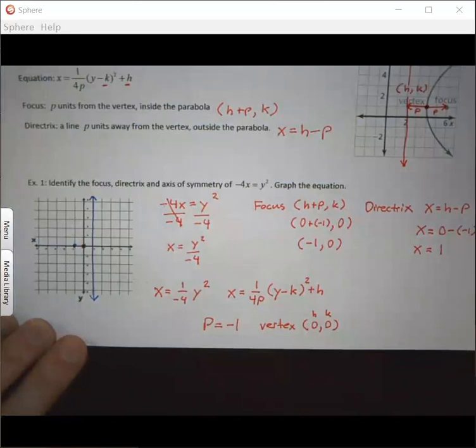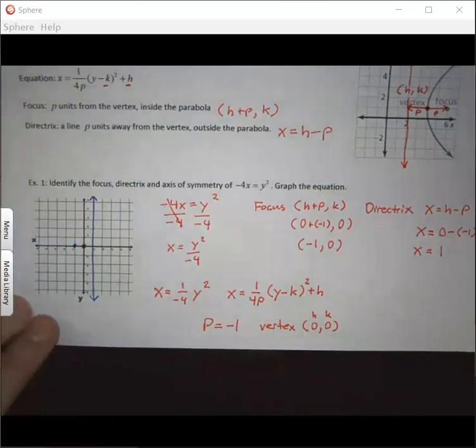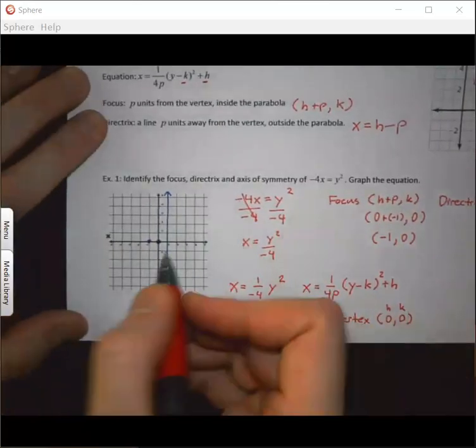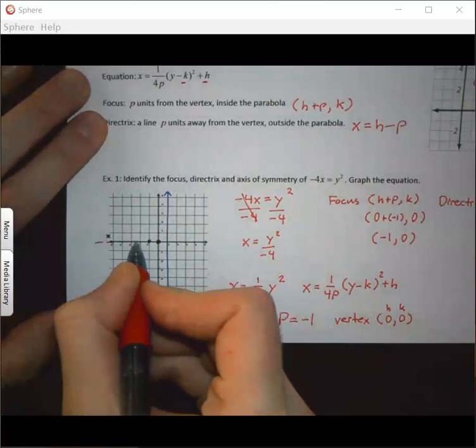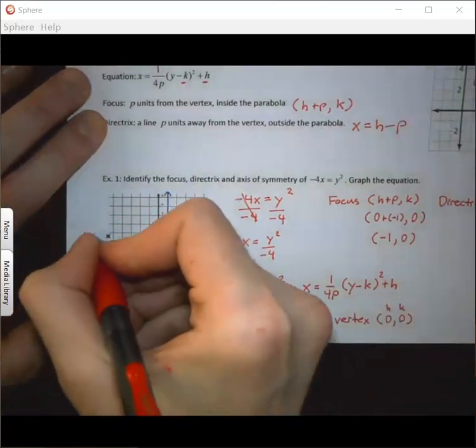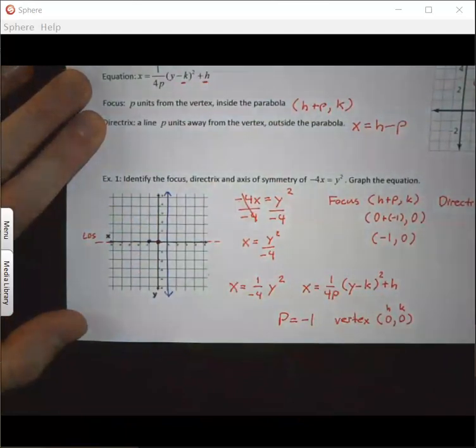Now the line of symmetry, remember, always goes through our vertex. And since we know this opens left or right, our line of symmetry must be here. Now we can use what we know about the focus and directrix to find another point.